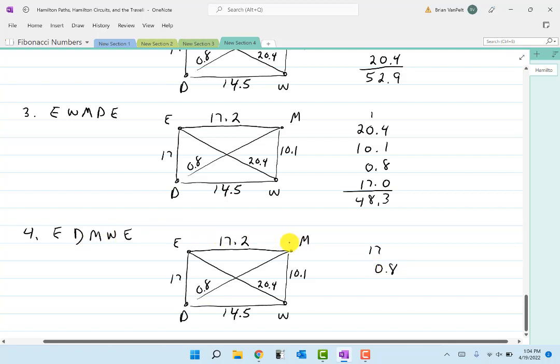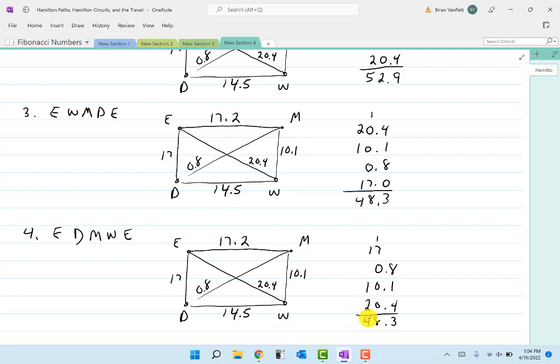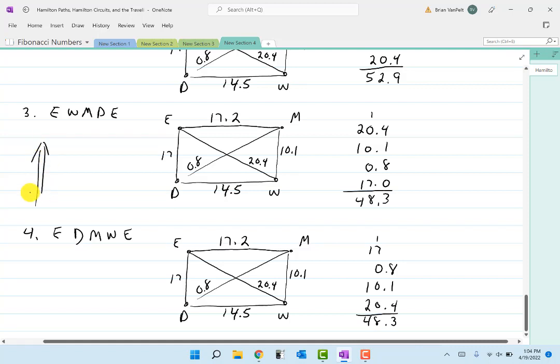And then MW, which is 10.1. And then WE, which is 20.4. And you see what happened? This 4 is the reverse of 3. These 2 are reversals of each other.